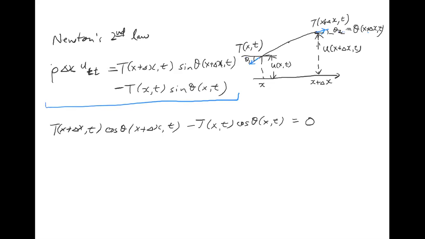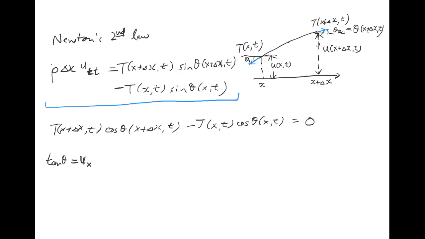Because we don't have the small angle approximation, we have to relate sine theta and cosine theta precisely to the tangent theta. Tangent theta is u_x. This is the definition: the tangent theta is just the slope at that particular point.